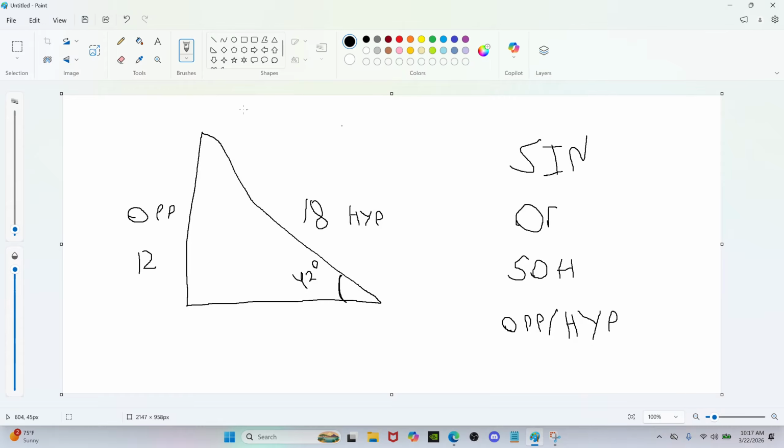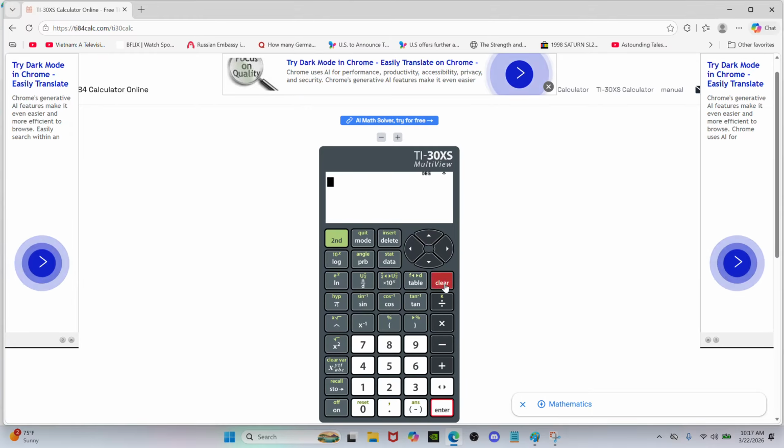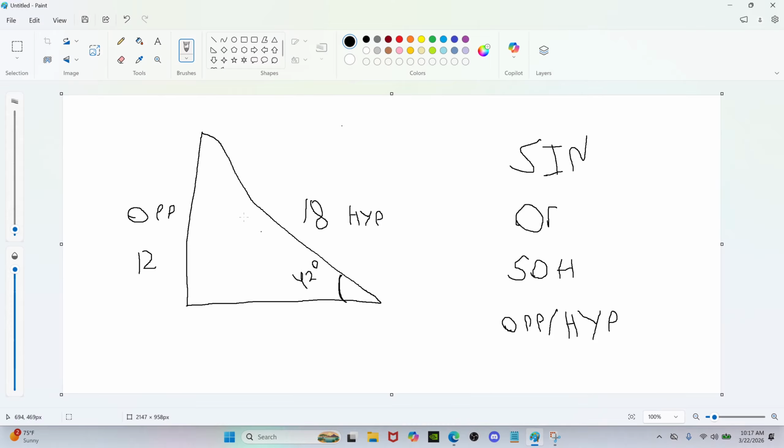But now let's do a little example of an inverse, the key differences. So we're going to go ahead and just clear this out, and we're going to erase the angle right here. Now we don't know what it is. So how will we go about it? As I mentioned before, with the SOH-CAH-TOA rule, we are doing opposite divided by hypotenuse.